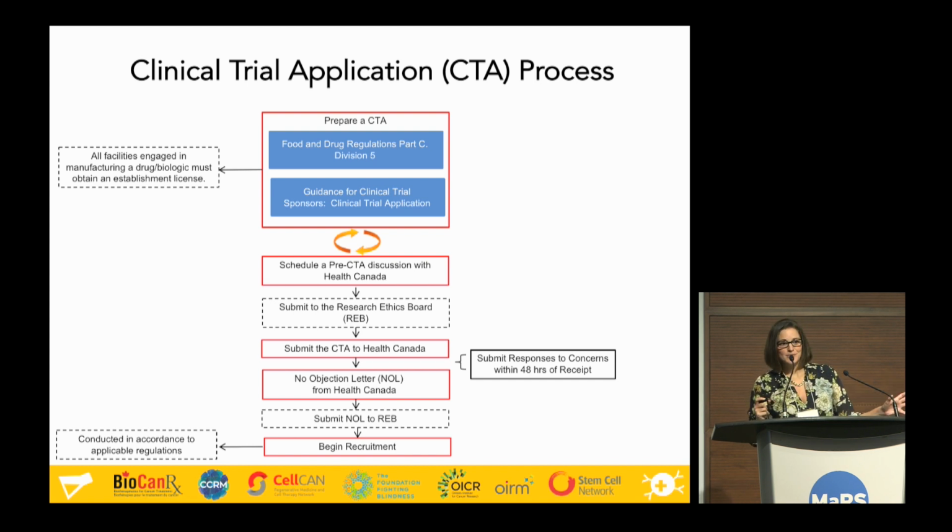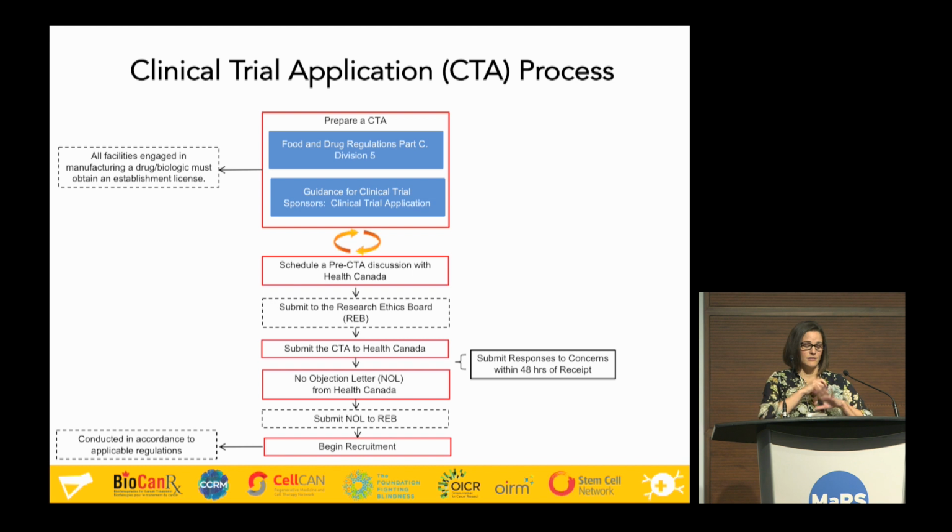This is just one of my tips. Before you even go into your clinic, before you even submit to Health Canada, I always think it's advisable that you submit to your REB first. You're not going to get the approval because they require an NOL in order to approve the protocol. But what that is going to give you is their comments on your informed consent, because your informed consent needs to go into your application.